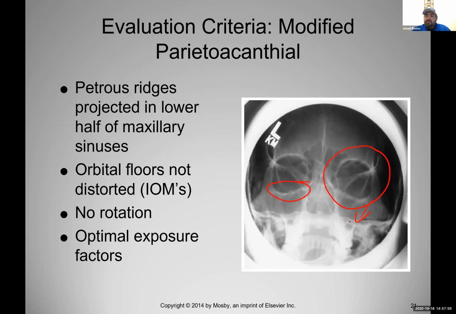Now, what happens if you see these ridges below the maxillary sinuses? That means that for this modified, you had too much extension. You were in a regular Waters as opposed to modified. What if you see these ridges go higher up into the maxillary sinuses? Then you had too much flexion. You didn't extend enough to bring that LML perpendicular.